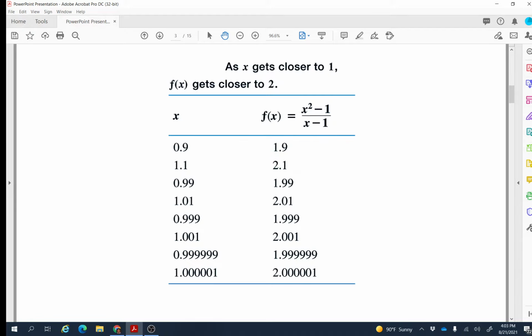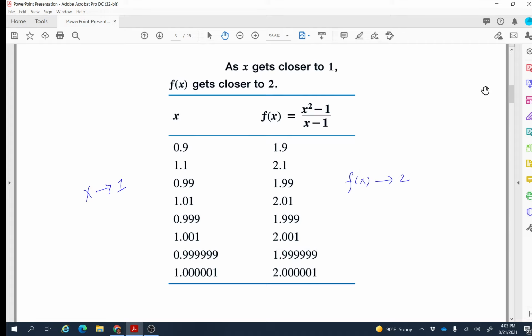By looking at this table, you can conclude that when x approaches 1 either from the left side or right side, the function approaches 2. Okay, when x approaches 1 either from the left side or right side, the value of the function is going towards 2. So this idea now can be called a limit of a function.